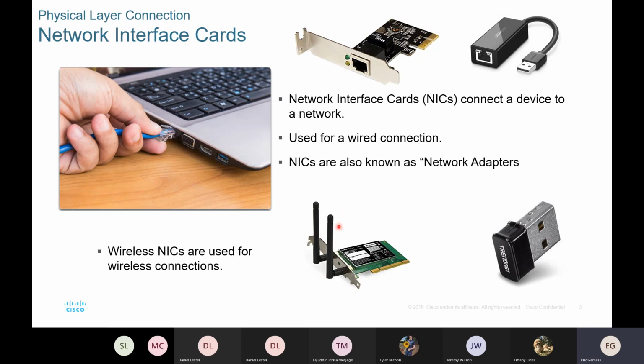And as you can see here, we have an external antenna. We might be able to change them. Some network interface cards will allow you to unscrew the antenna and screw on a more powerful antenna if you need.